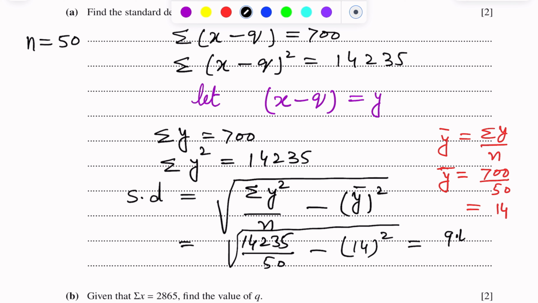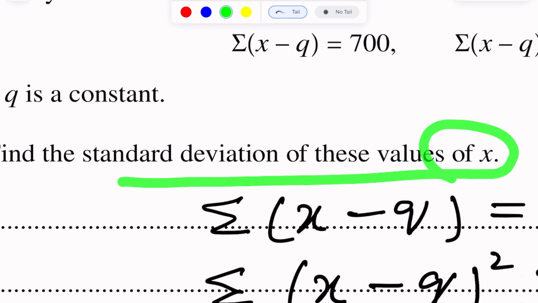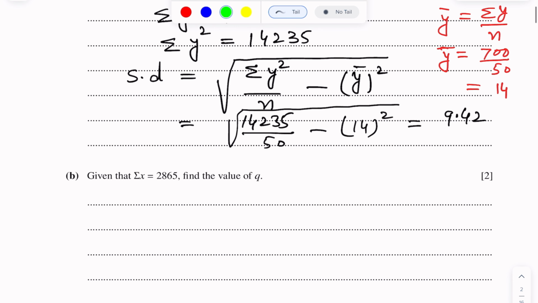the answer 9.42. This is the standard deviation of y. But we have to find the standard deviation of x. The standard deviation of y will be the same as the standard deviation of x.